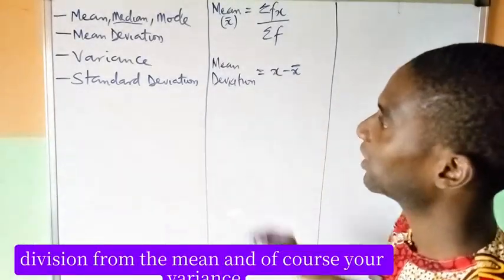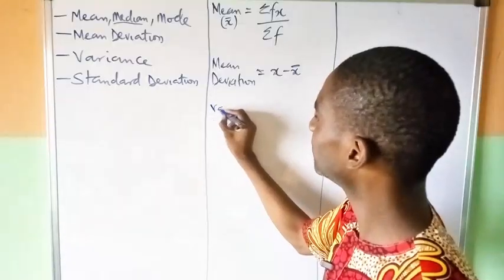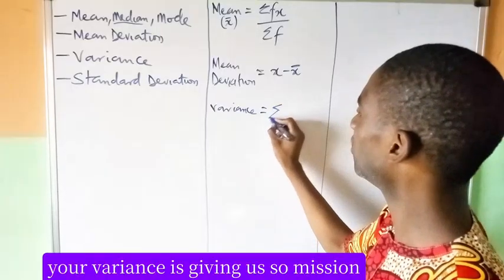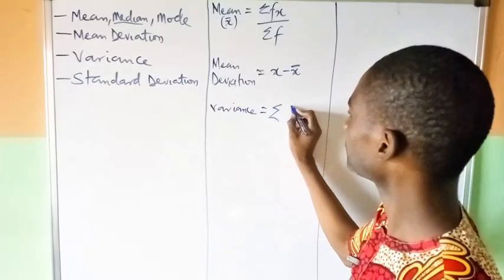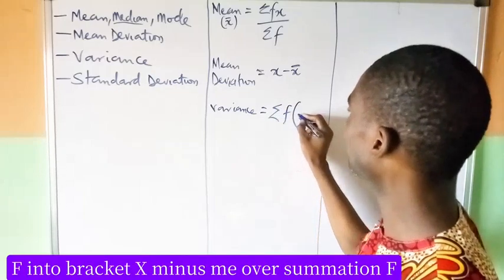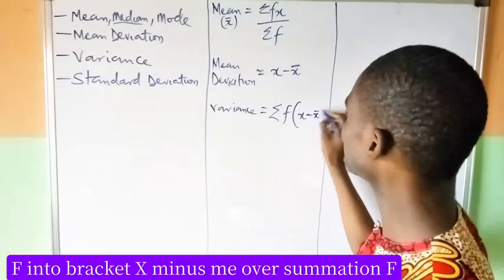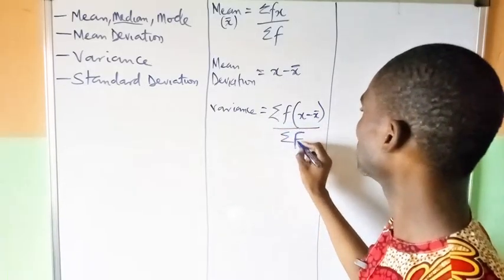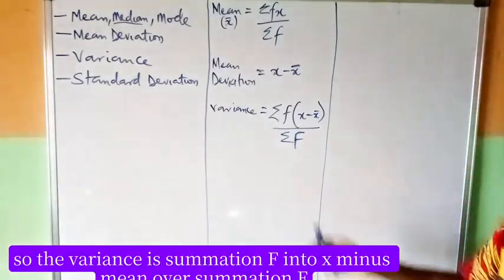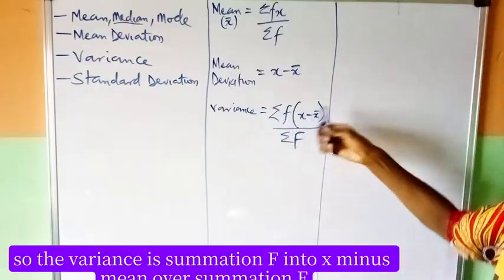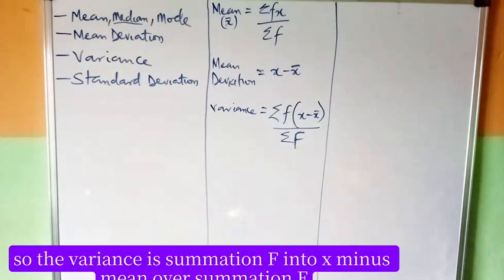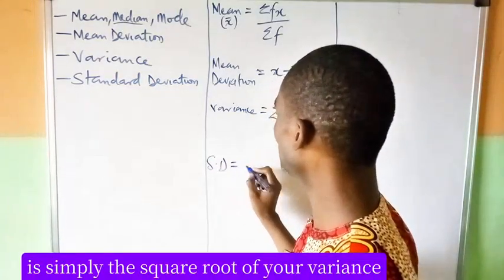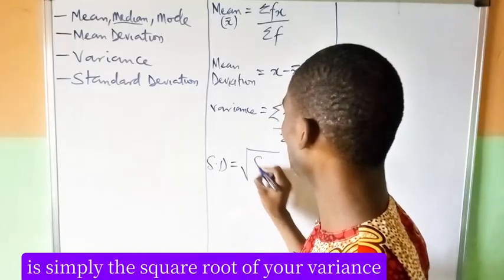Your variance is given as summation f into bracket x minus mean, squared, over summation f, while your standard deviation is simply the square root of your variance.